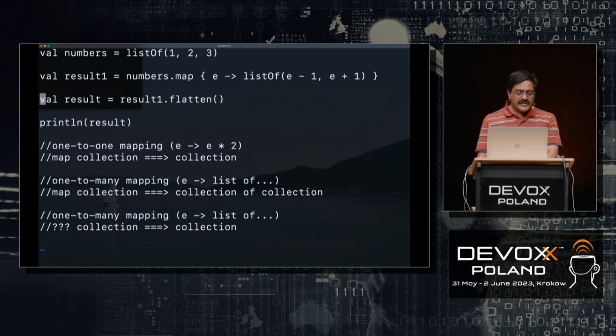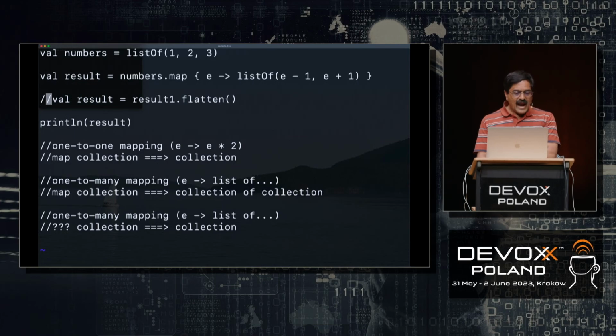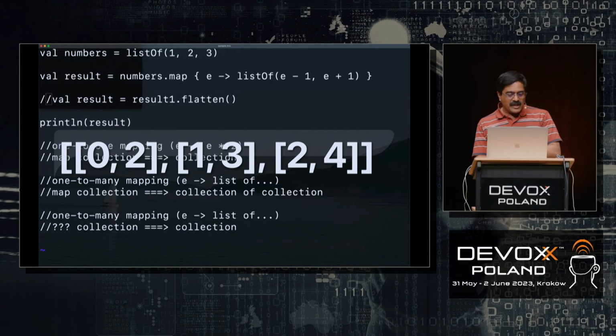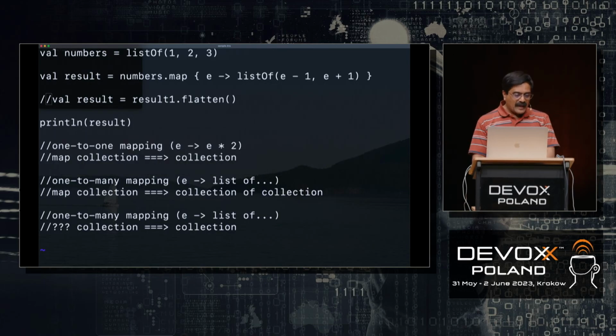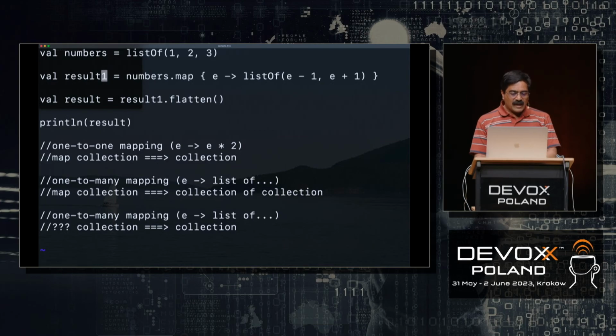Just to emphasize this, if I have a result without flatten, we have a collection of collection as a response. As you can see right there, 0, 2, and 1, 3, and 2, 4 are the collections sitting inside this outer collection. But instead we are asking it to flatten, and as a result, we got one flat collection in the output.